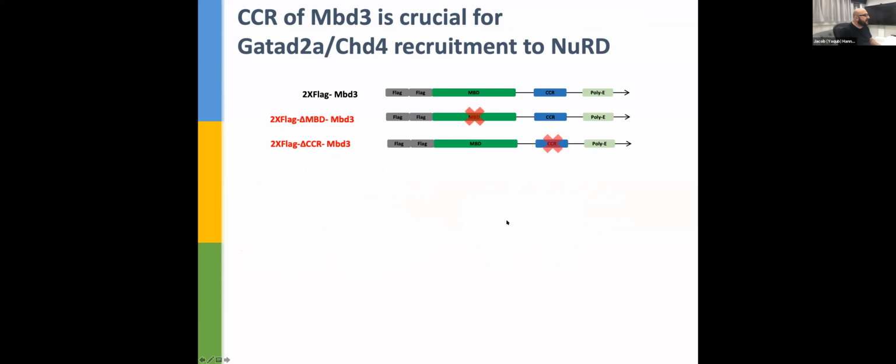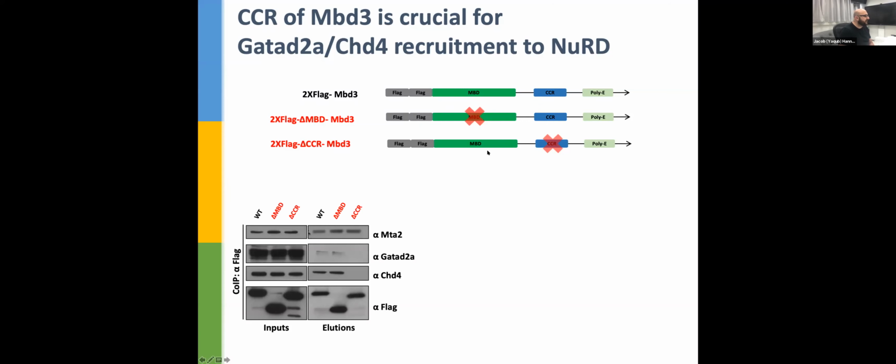And we also defined the different domains. In Mbd3, we can delete the MBD domain and we can delete the coiled domain. We really found that the interaction is actually through the coiled domain of the complex. So you can see here, again in the IP with the flag, that only in the delta coil domain of Mbd3 you can no longer IP CHD4.